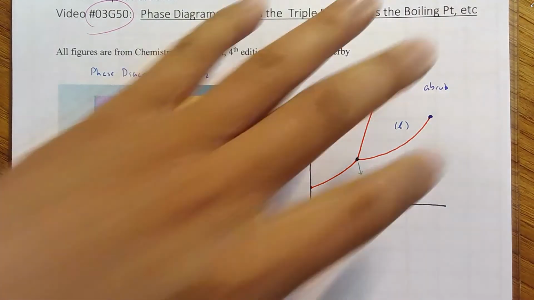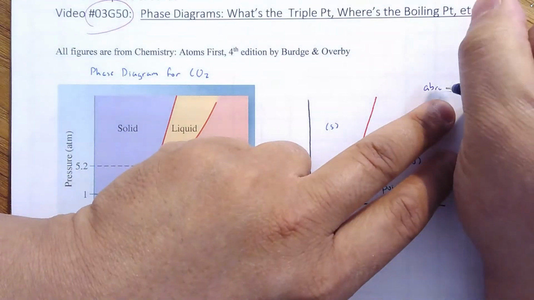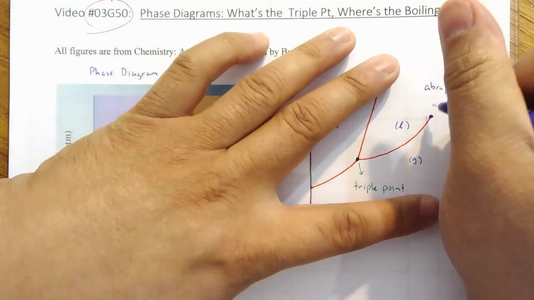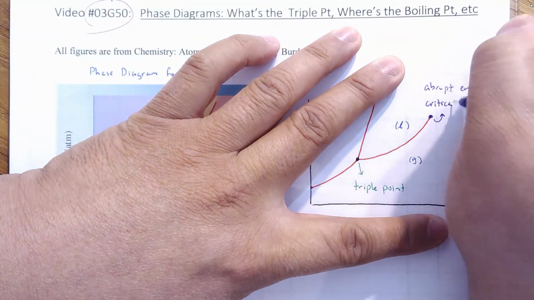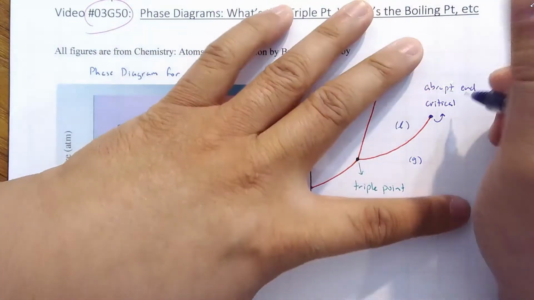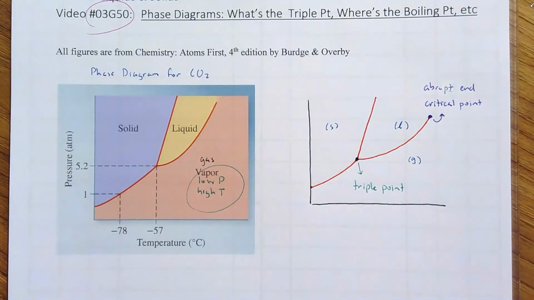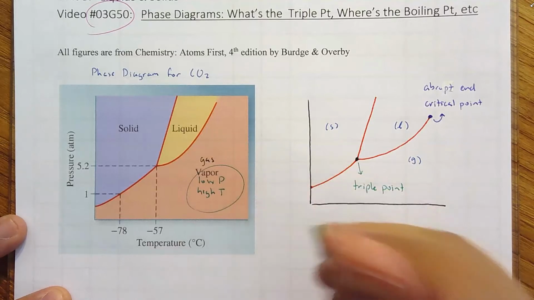Abrupt end. That point is called the critical point. We'll define both the critical and the triple point right now. The triple point. Where do I put that? Let me put it right here.